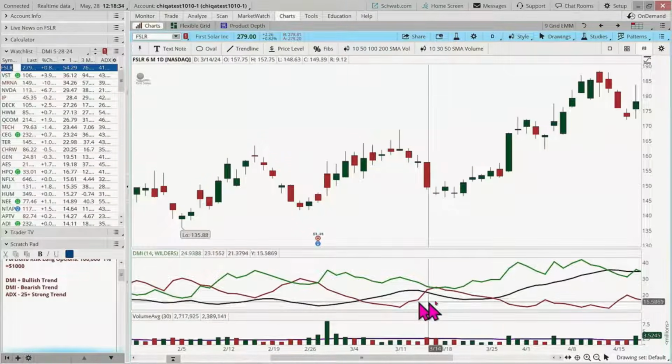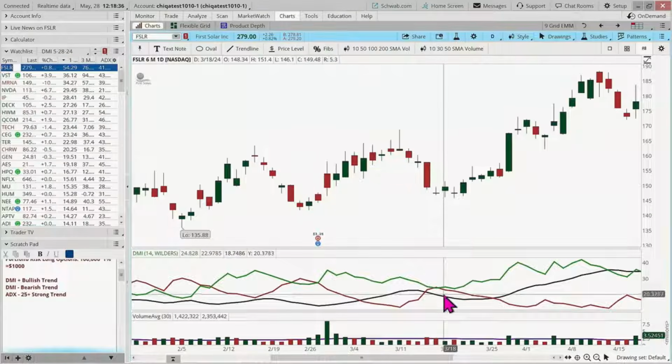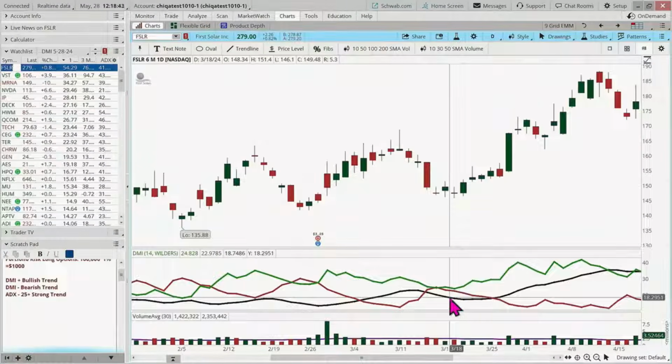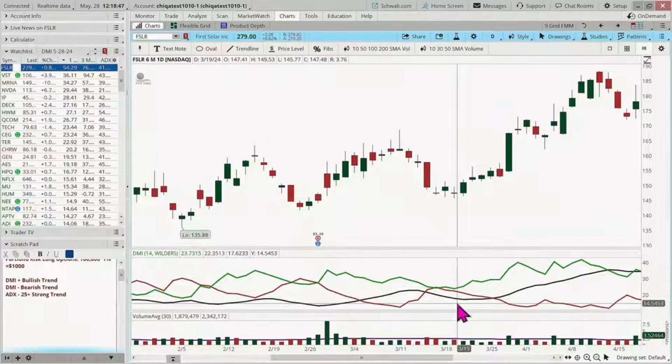Could we say, all right, when the green is above the red, we also want the ADX line to be moving up and above 20. Even 20 just kind of says, hey, this could be a beginning of a trend. 25 gives us more the indication that the trend is stronger. Okay, it's stronger significantly to say, okay, that's a strong uptrend, as opposed to at a 20, it's like, okay, a new bullish trend might start out.